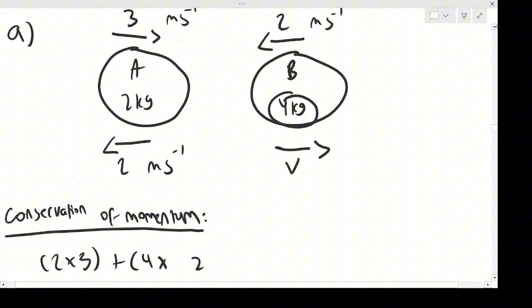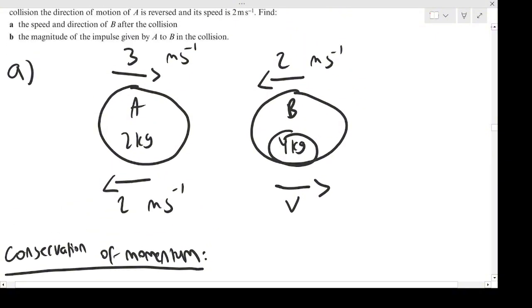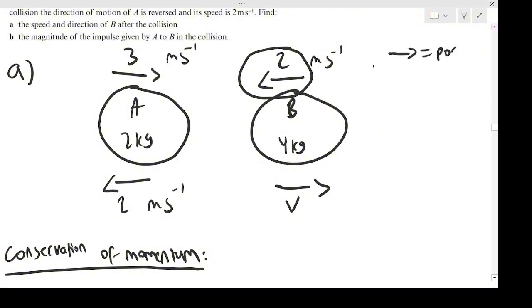what I said was directions matter, right? And that also applies to the velocities, okay? Forward is positive and backward is negative.